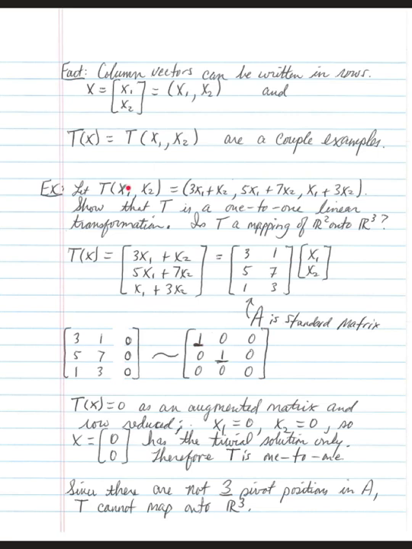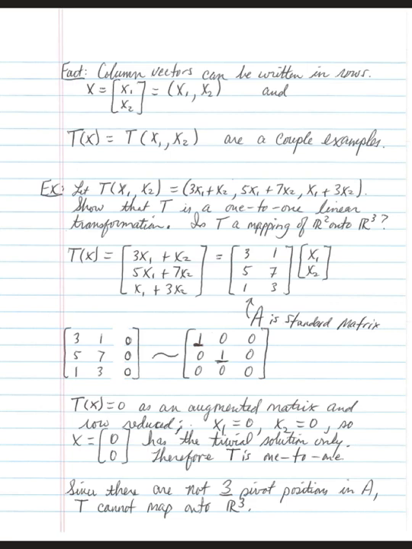Let the transformation of vector X, which has 2 entries, be equal to these 3 entries. Show that T is a 1-to-1 linear transformation, and then we'll also investigate whether T is onto.